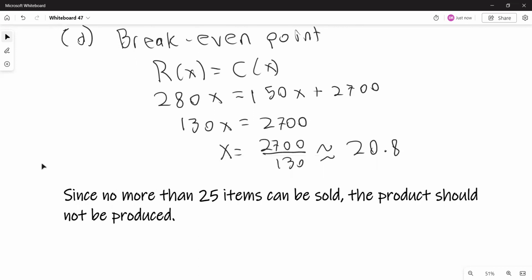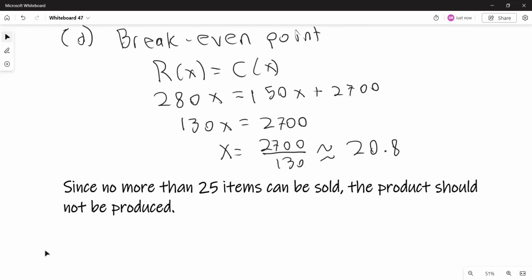Yeah, so no more than 25 items can be sold, and your break-even point is almost 21, so it looks like it's not worth it.